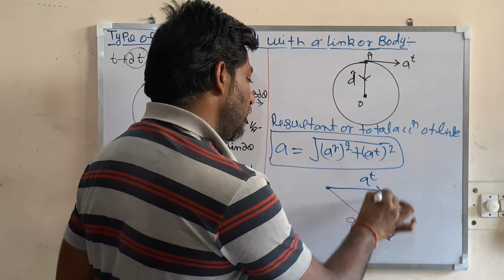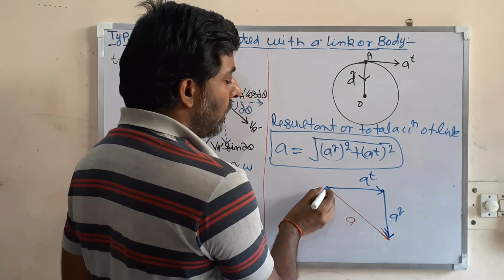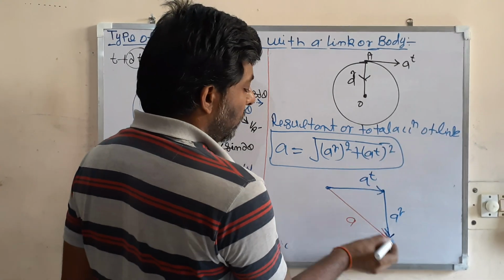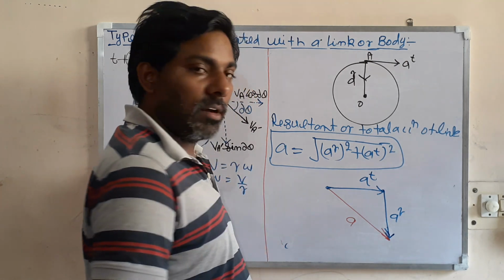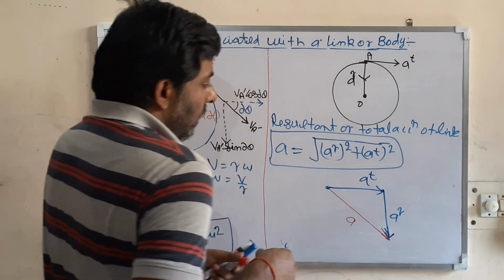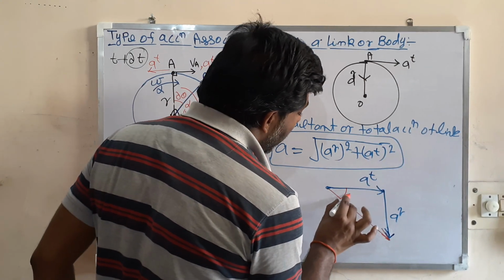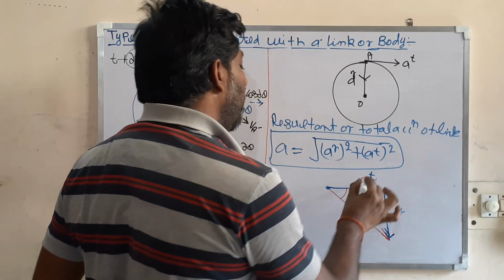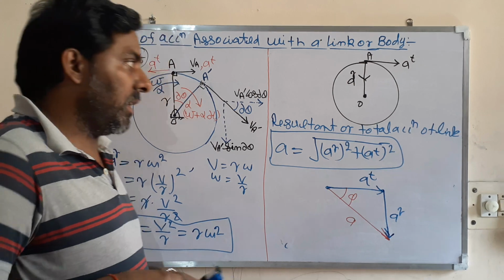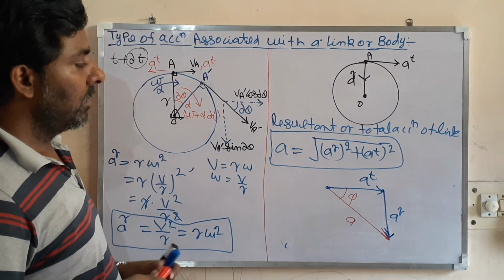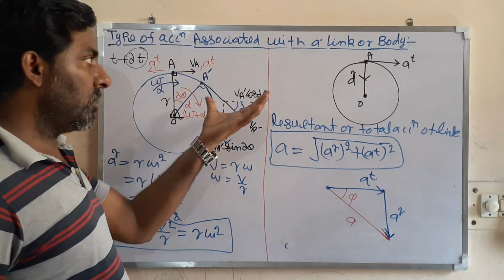So this is tangential, radial. Then you draw from the tail of the first vector to the head of the last vector to get the resultant acceleration. Also this angle can be measured, that is, at what angle from AT is the final or total acceleration.